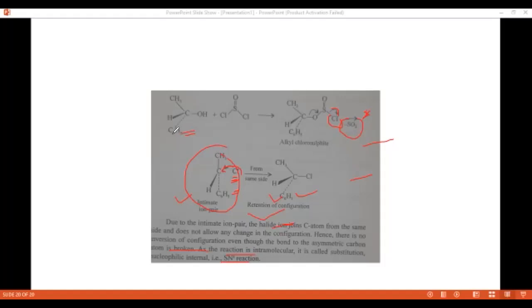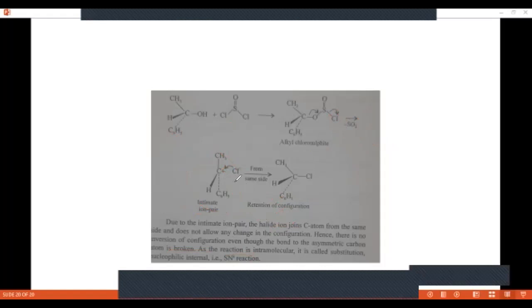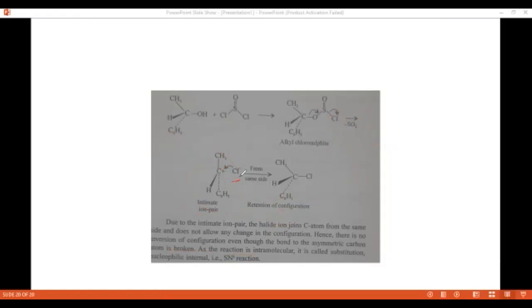In this reaction, the alcohol reacts with thionyl chloride to form the intermediate alkyl chlorosulfide. This chlorosulfide loses sulfur dioxide and the chloride ion, and the intimate ion pair is formed. Before the configuration changes, the chloride ion attacks the carbocation from the same side, forming the same configuration as the substrate.